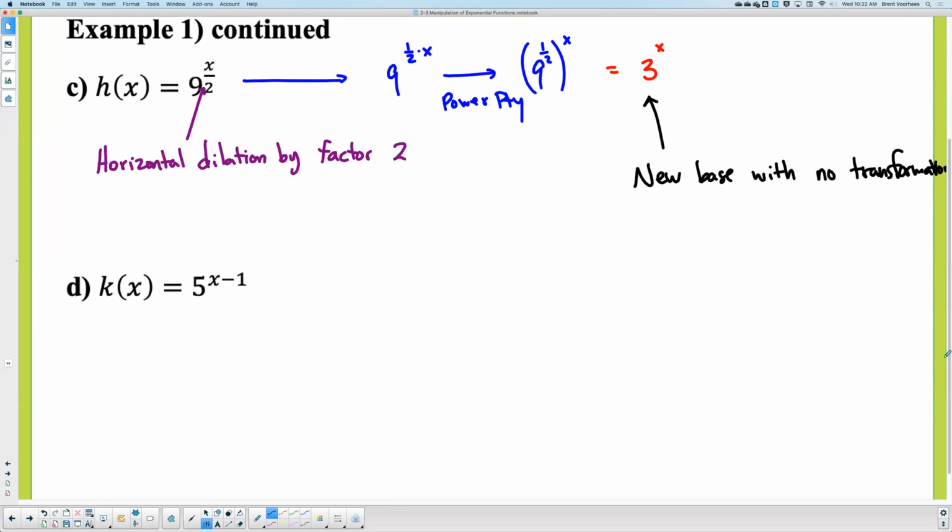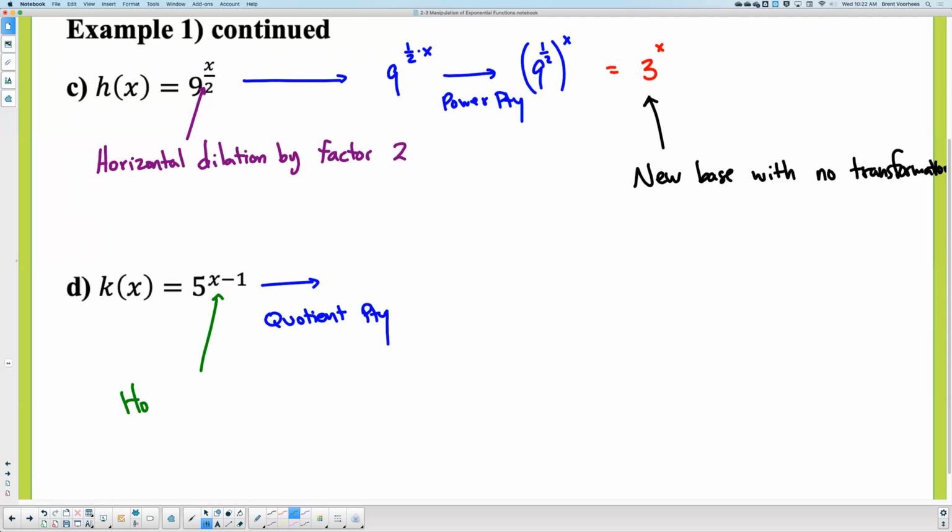Okay, so let's try it one more time. Now let's be specific here. I have 5 raised to the power of x minus 1. I want you to go look at your rules. We have a power with a subtraction. Which rule has a power with a subtraction? This is the quotient property. Before I move on, what type of transformation is a subtraction of x?